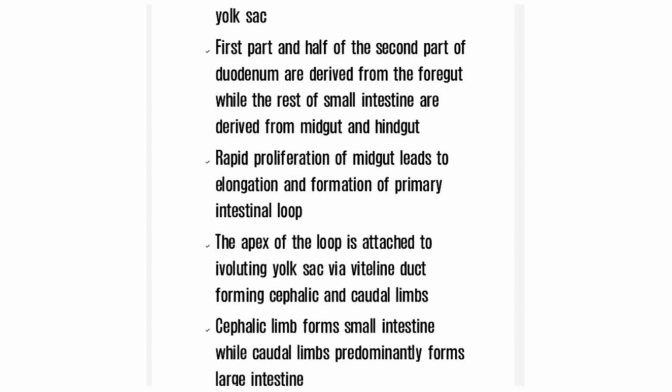Now, why are these coils returning? This is because at around the 10th week, the abdominal space will have become a little bit larger to accommodate these intestinal loops and other abdominal viscera. Now, what contributes to this greater space of the abdomen? This is because of the reduction in the left lobe of the liver.